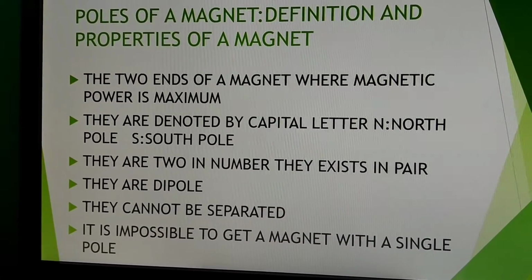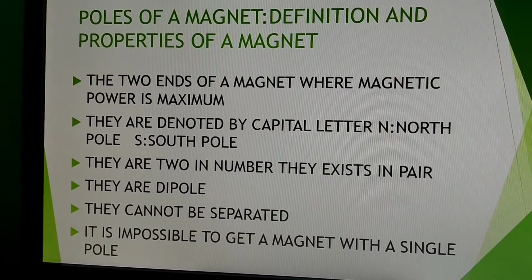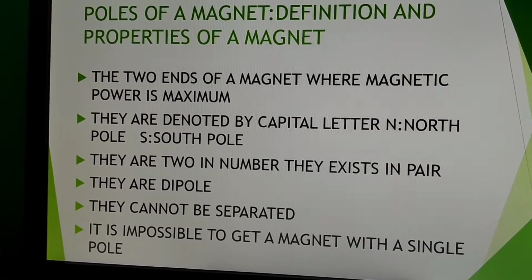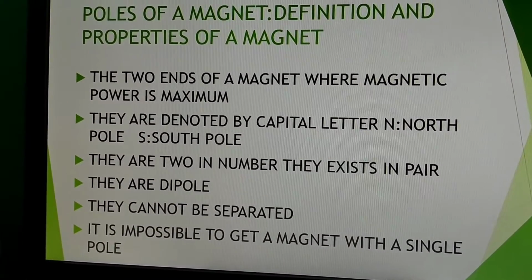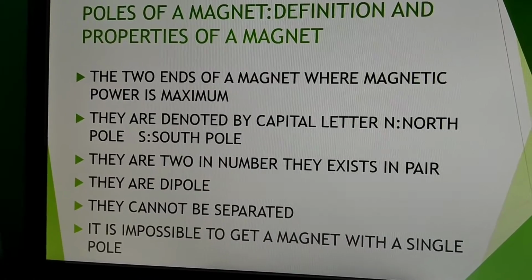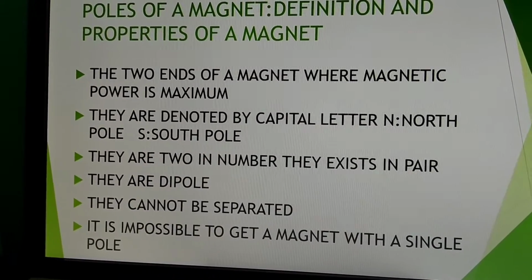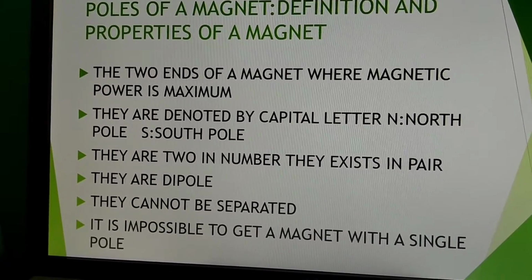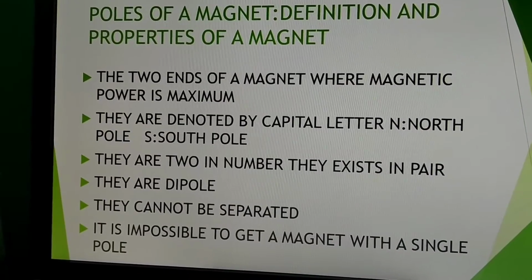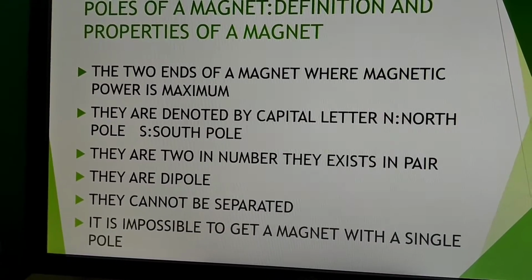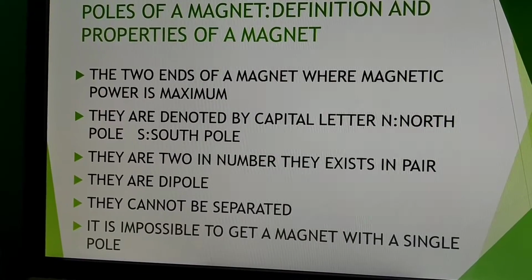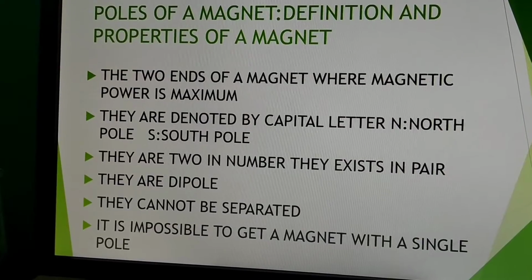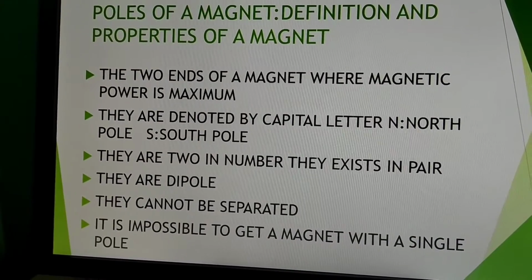So again, what are the poles of a magnet? The two ends of a magnet where magnetic power is maximum. These two are denoted by capital letter N, which is the North Pole, and capital letter S, which stands for South Pole. These poles are two in number and always exist in pair. Since they are two in number, we call it dipole.